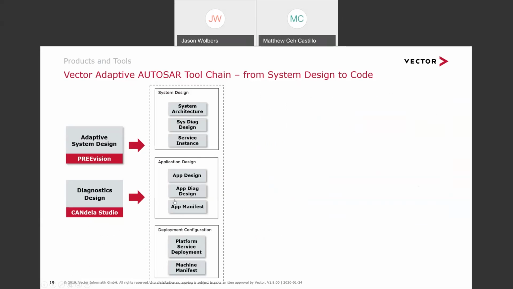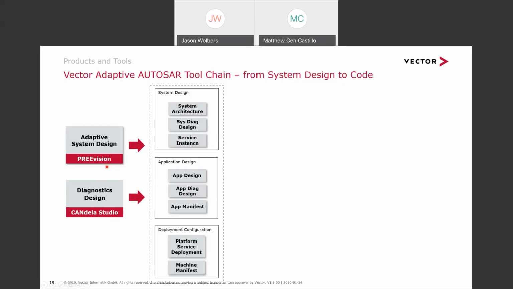So our PREEvision tool is still used for this particular part of the process. With PREEvision, we have the capability of exporting in the AUTOSAR adaptive manifest format as opposed to the ECU extract format that you're used to with Classic. So if you're a user of PREEvision, the great news is you can keep using PREEvision. You don't have to switch to another tool. You can use your existing design even, and you just export in a different format.